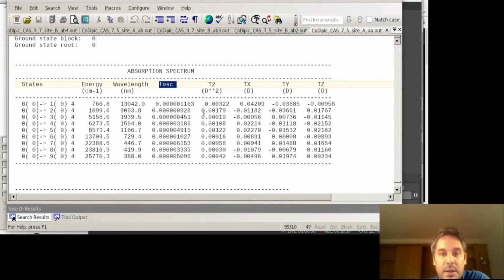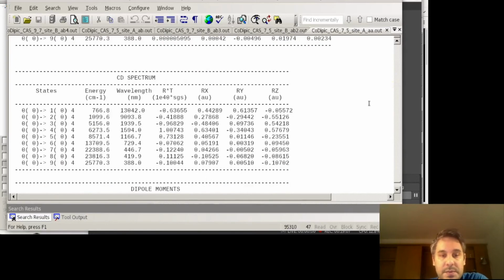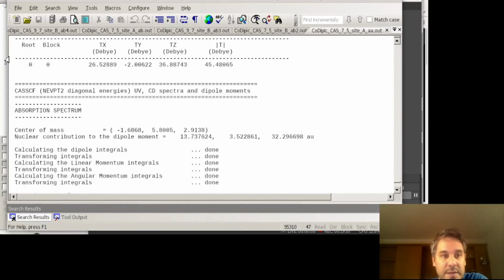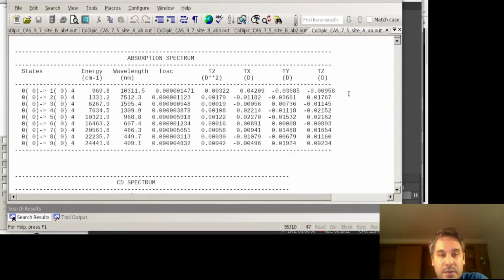So if you're only using d electrons, you're not going to get your full UV-Vis spectrum. You have to see what kinds of orbitals are involved. So in that respect, it may be a very good idea to do TD-DFT first and find the most important transitions, which orbitals are involved, and then when you do CASSCF and NEVPT2, you can include those orbitals, which is not always easy because sometimes there are too many orbitals and large active spaces become very hard to deal with.